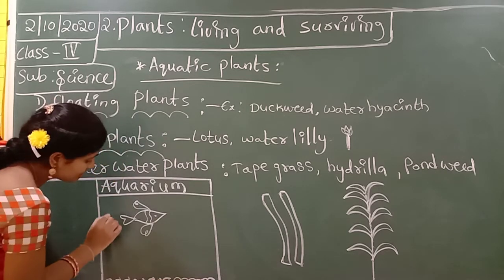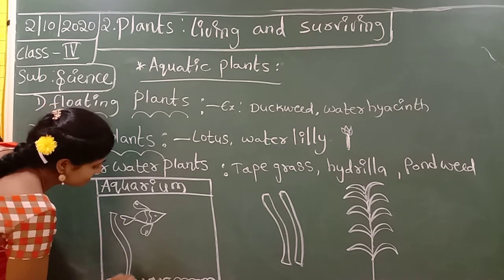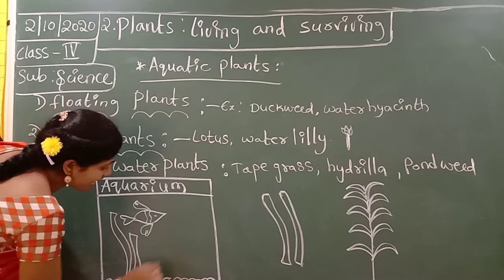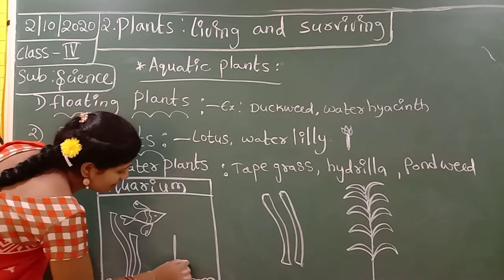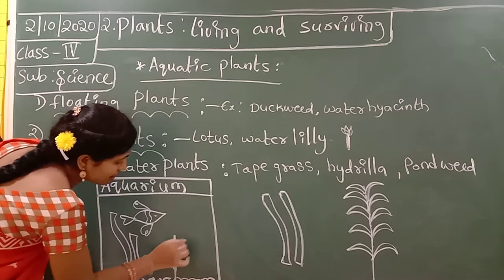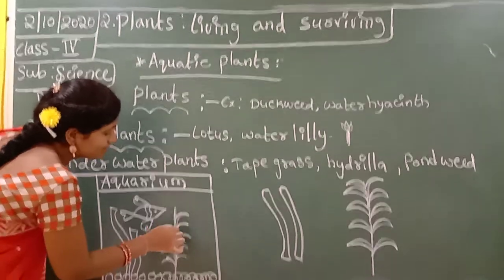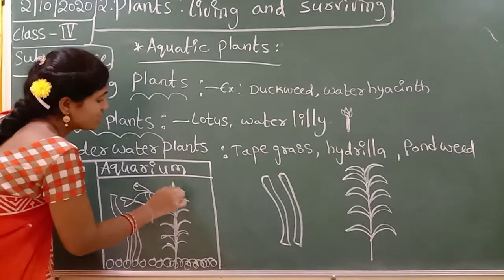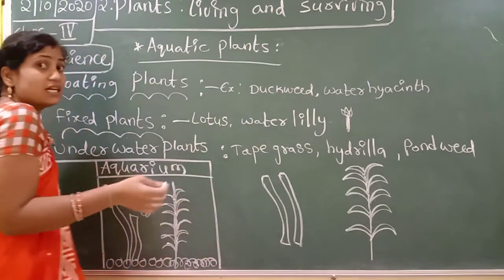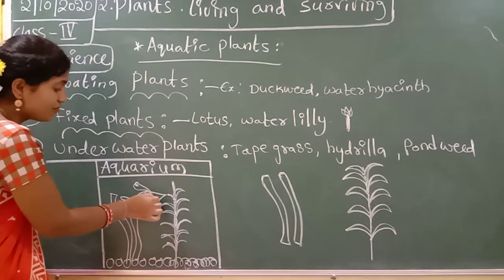Next, when we grow these tape grass and hydrilla plants together with water animals, the water plants also grow very perfectly. Why?